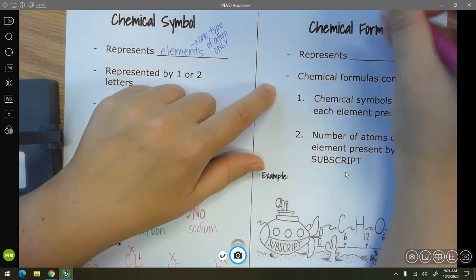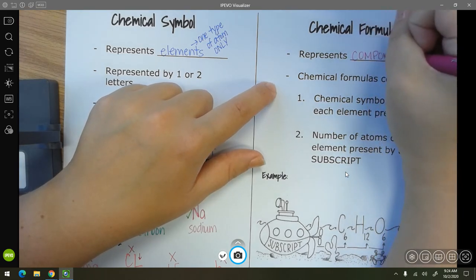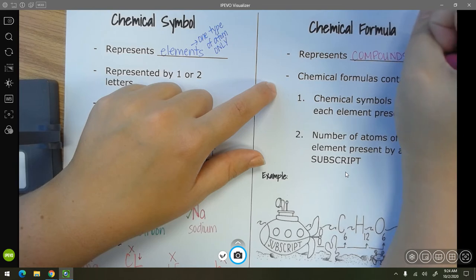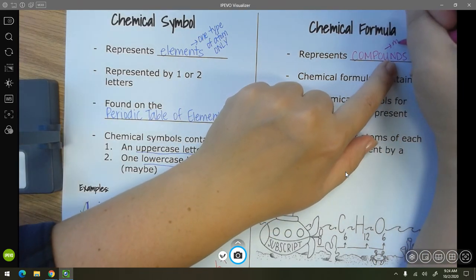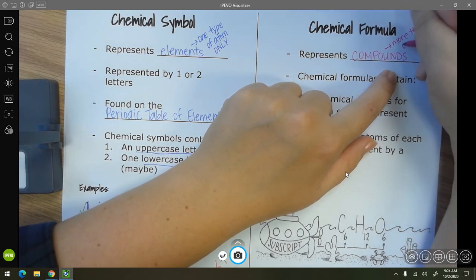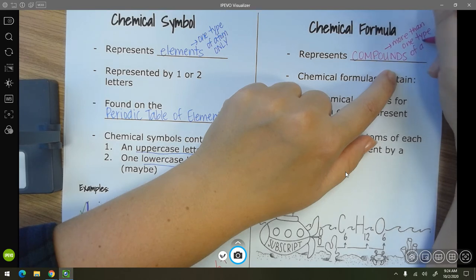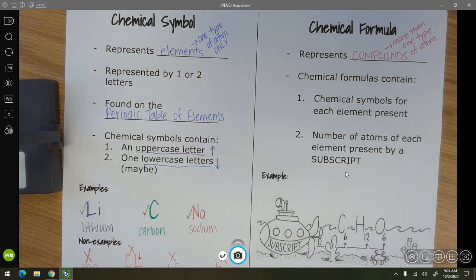Chemical formulas represent compounds. And compounds have more than one type of atom bonded together. Okay?